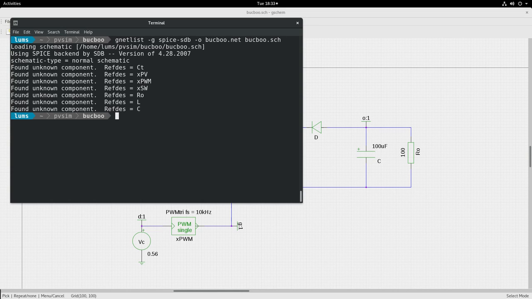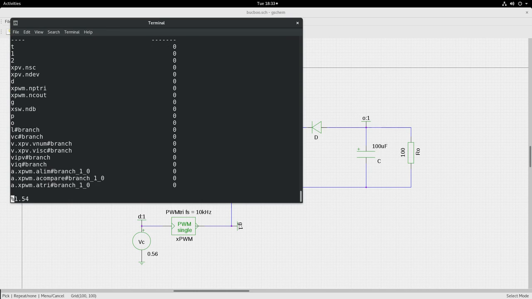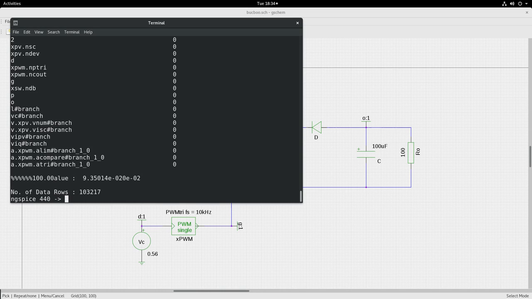So you do that, and then I will use ngspice buckboost.cir. So it will now simulate, and after that is over, I would like to observe the input power.